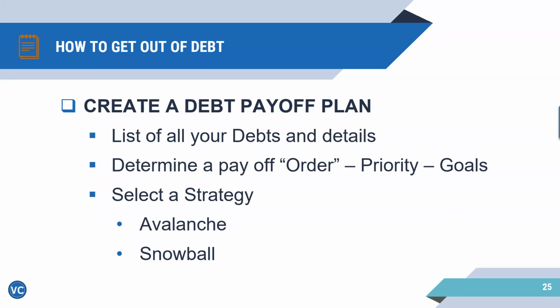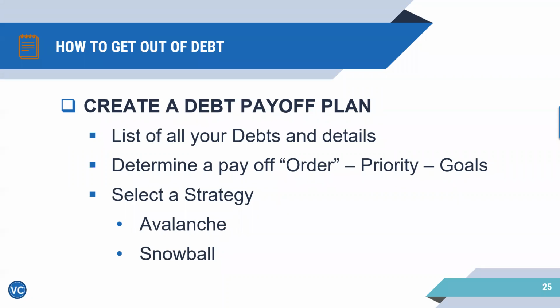So how do you go about creating a debt plan? These are things that you can find on the internet anywhere. First things first, you're going to list all of your debts and their details. You're going to determine an order of priority, then select a strategy. Typically with paying off debt, you have two methods, avalanche and snowball.